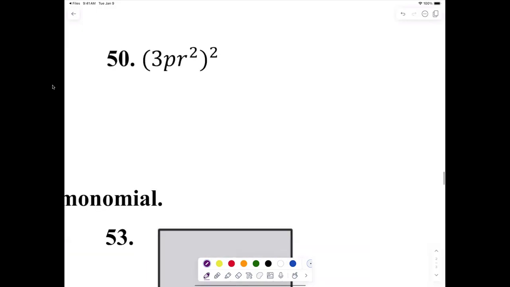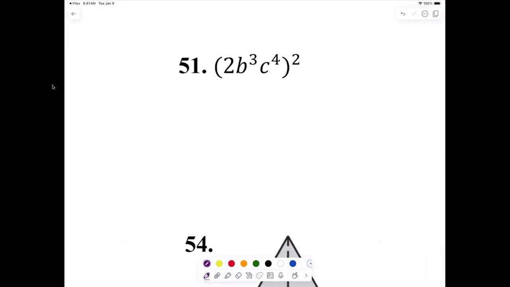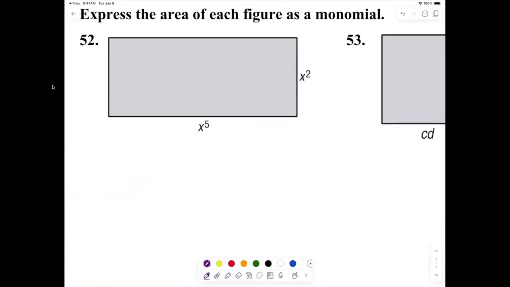All right, 51. Let's look at that. Who's up? Yes. Wow, look at that. Beautiful. 2 squared is 4. Power to power, you multiply. Very nice. All right, what's the formula for area of a rectangle? Samantha.